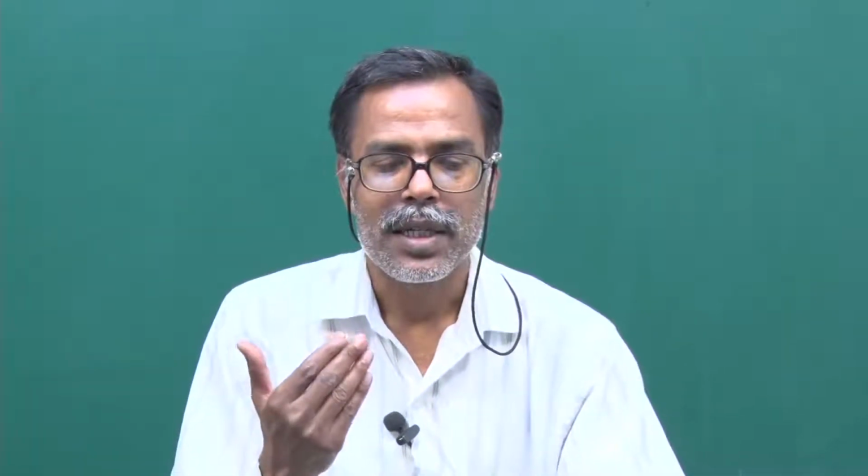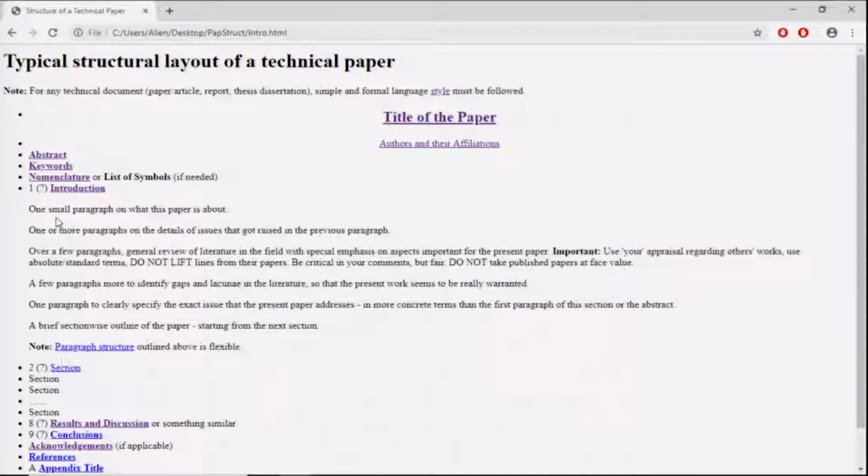So, what appears in the introduction and in what order? This is important. First, you write a small paragraph introducing what this paper is about in reasonably general terms, which even a layman can understand.